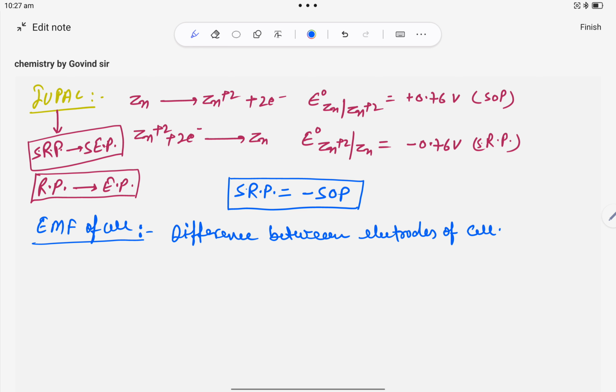Electrode means what? Sorry. Electrode means cathode and anode for a galvanic cell.